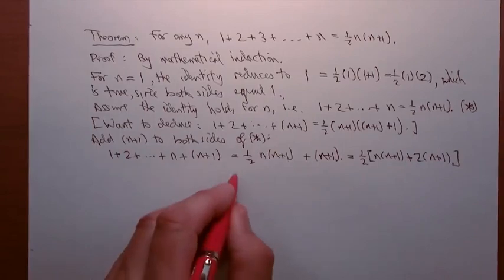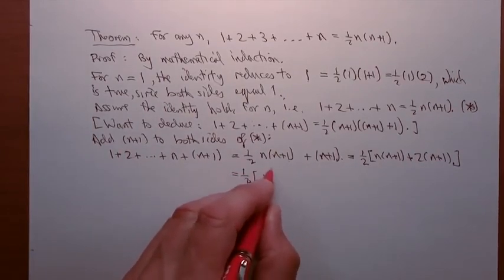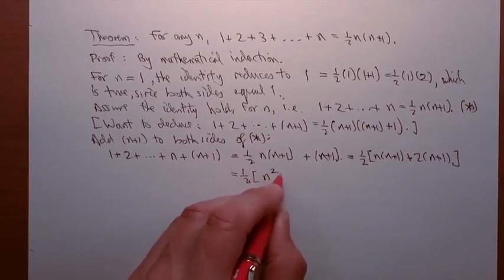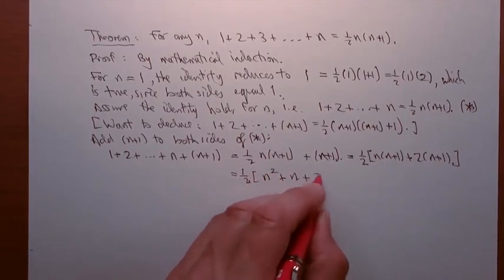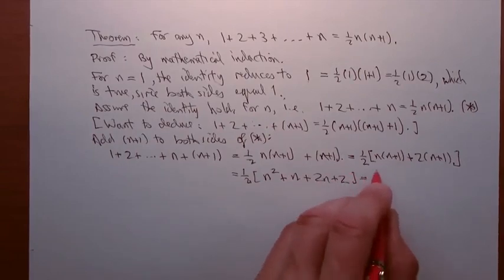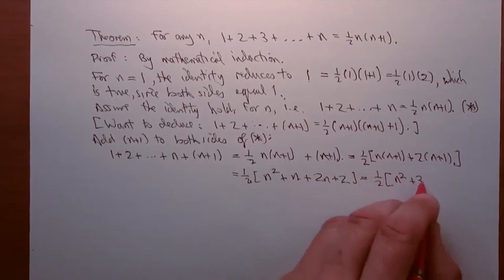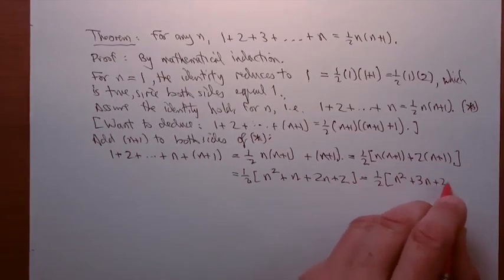And that equals a half (n squared + n + 2n + 2), which is a half (n squared + 3n + 2).